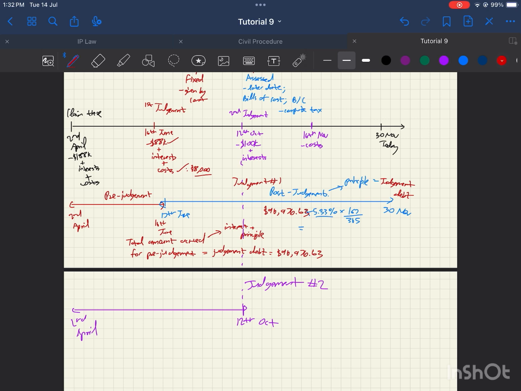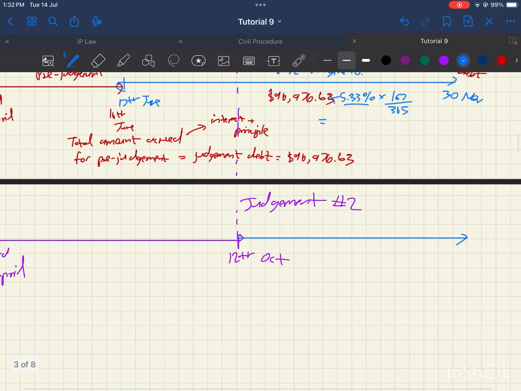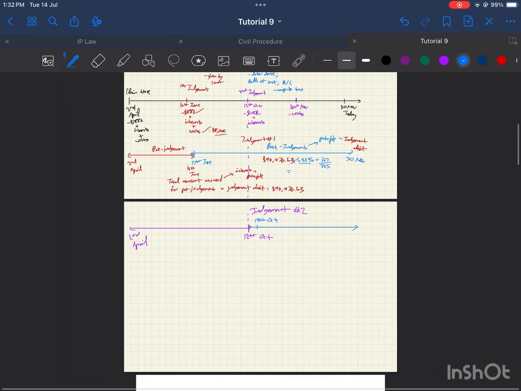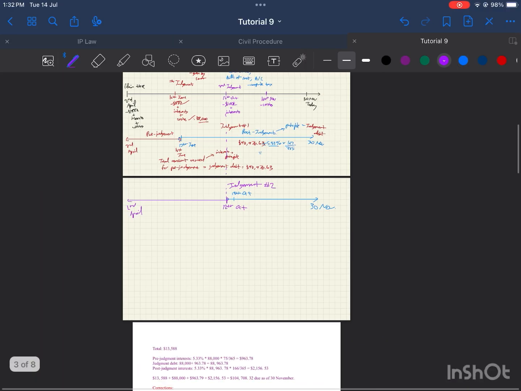And then for post-judgment, I like to use blue. So then it'll be from 13th October to 30 November. And now you gotta do the thing again. Right, so pre-judgment. Let's try it out, shall we? Let's be fast and efficient now. Oh my lord, I meant to use red for pre-judgment.